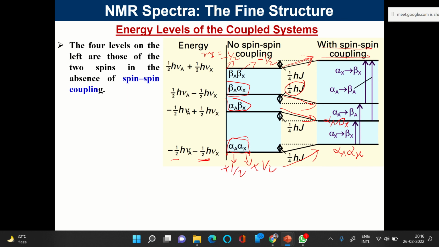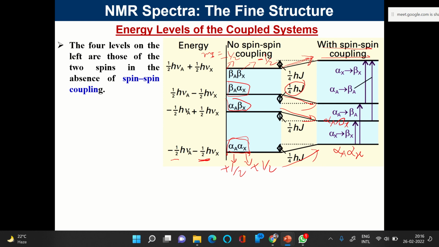First transition is that. The second arrow that you are seeing, there is only a change in the spin of the A position. Spin of the A is changing, X remains the same. So this is how we interpret one transition that is shown by this arrow. In each one of these transitions, only one of the spins is changing, one spin at a time. So these are the four transitions that are possible.